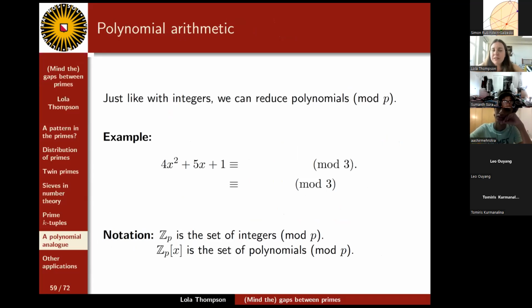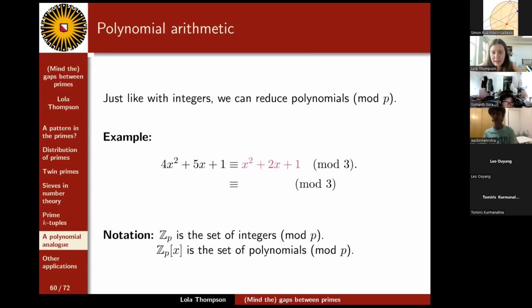And just like we took integers and reduced them mod p, we can do the same thing with polynomials mod p. So you see here, I have the polynomial 4x squared plus 5x plus 1, and I want to reduce this mod 3. That just means reducing the coefficients mod 3. If we do this, we just get x squared plus 2x plus 1.